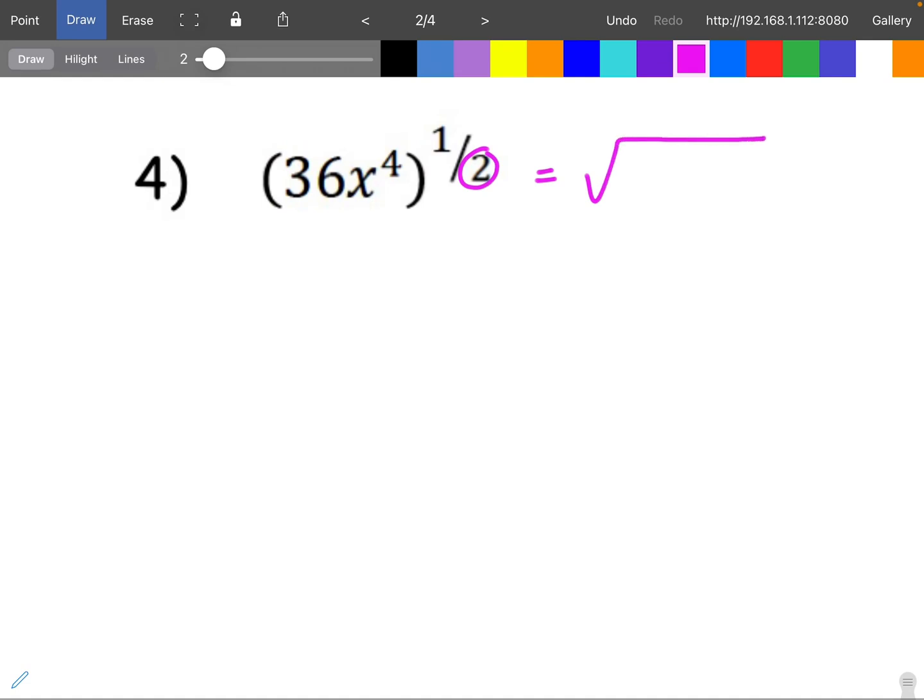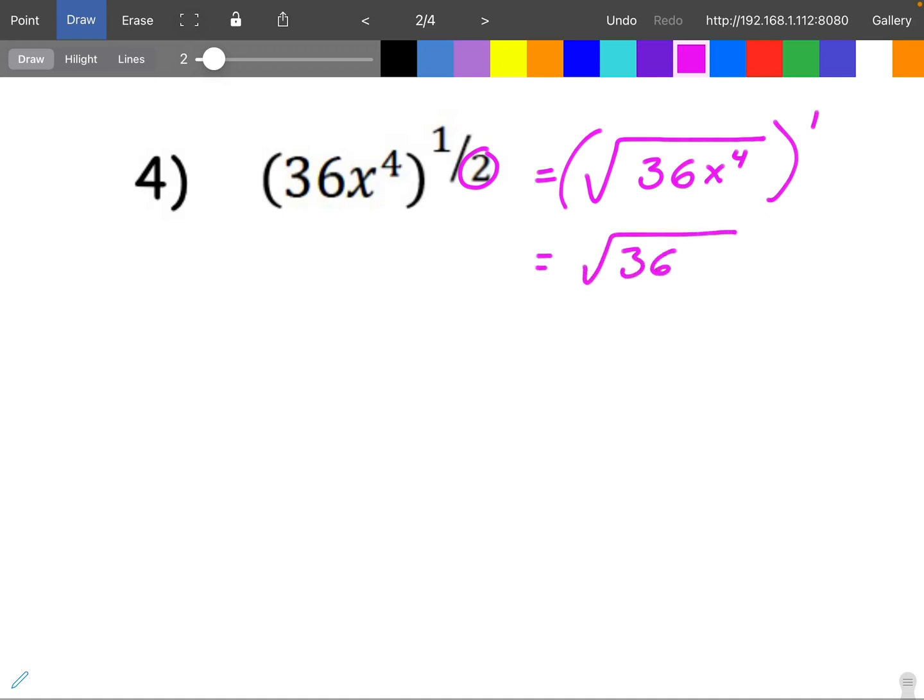A square root. So we have the square root of 36x to the 4th, and then technically that's raised to the 1st power, but again, it's not really going to do anything, so I'm not even going to bother with it. It's technically there, but it just doesn't do anything.